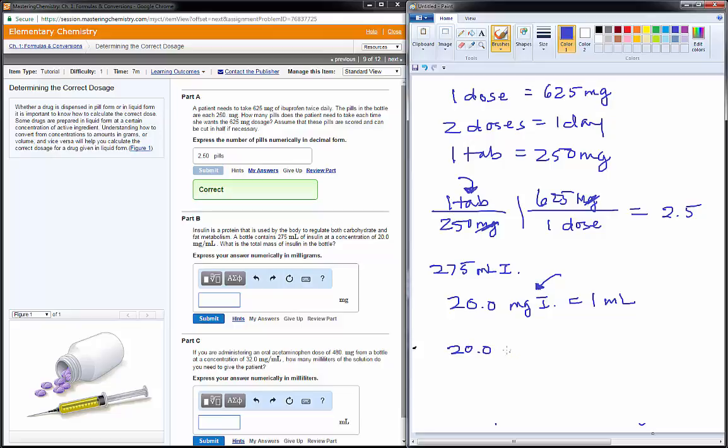You can do it the other direction. It works just as well, but I like it this way. 20 milligrams of insulin in 1 milliliter of solution, and I've got 275 milliliters of that solution. Milliliters cancels, and I'm left with milligrams of insulin.